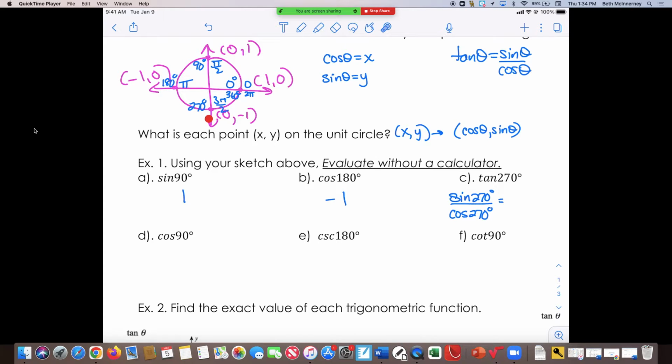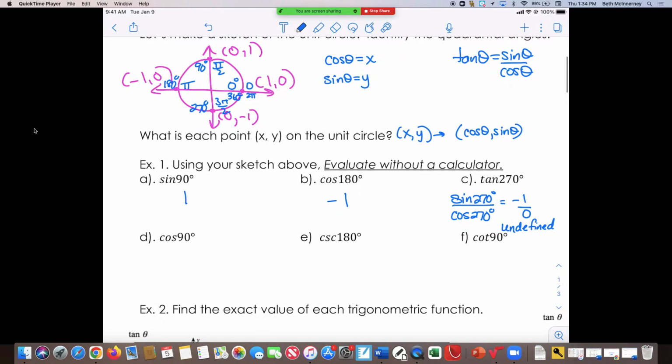And I like how you described that, y over x. Uh-oh, if zero's underneath, it's undefined. Do not ever leave -1 over 0 as an answer. That's not an acceptable answer. If zero's on the top, it's okay, and it's 0.